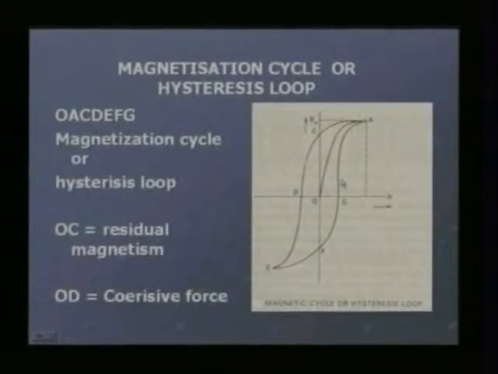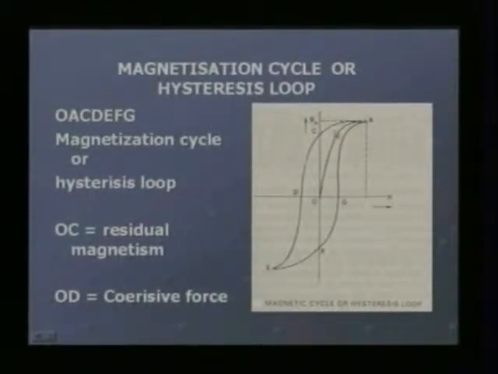It will be observed that the BH curve OAC is obtained. Let the magnetizing force be reversed by reversing the current and increased in the negative direction to a maximum value and again reduced gradually to 0.